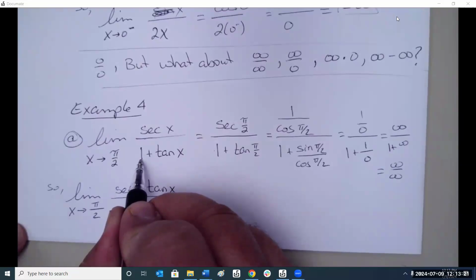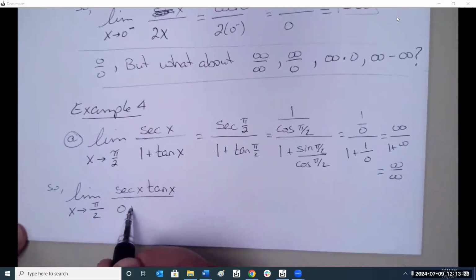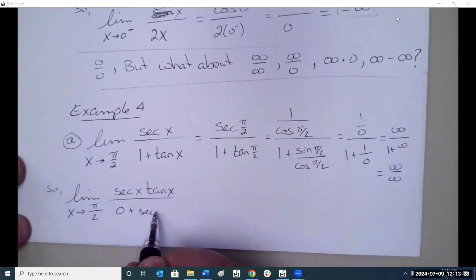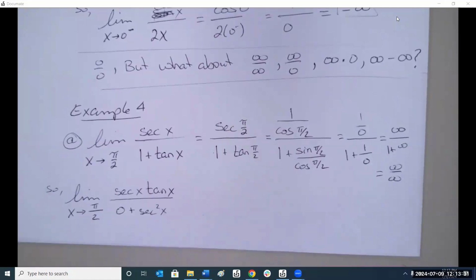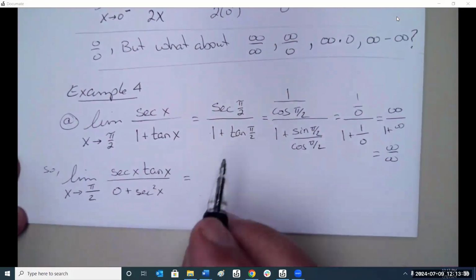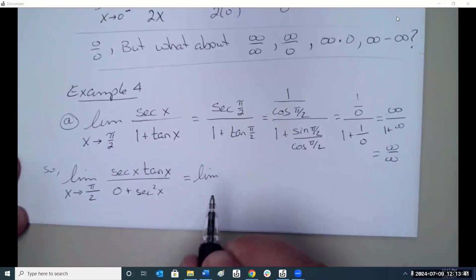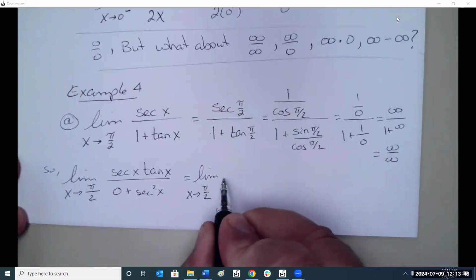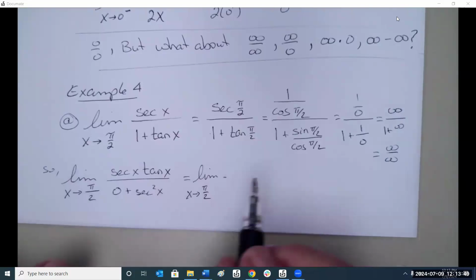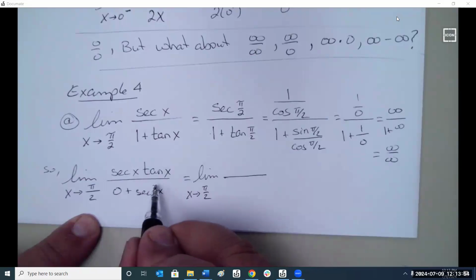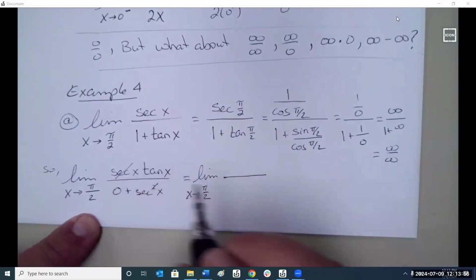The derivative of 1 is 0. The derivative of tangent is secant squared x. So x approaches pi over 2. Well, one of the secants can cancel.